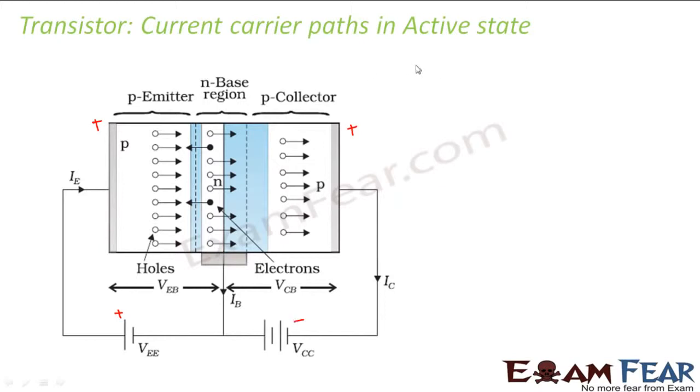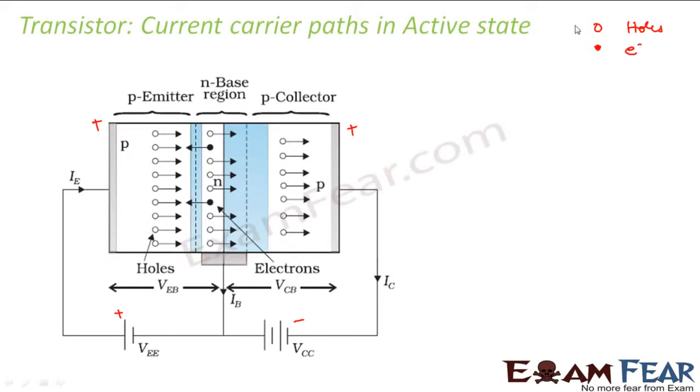Now what happens here is that this positive is connected to the P type, whose majority carriers are holes. Here these black dots represent electrons and the blank ones represent holes.